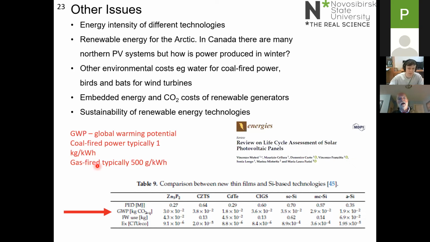Gas-fired electricity is typically about half of that. It's about 500 grams per kilowatt hour. If we look at solar photovoltaics, then it's of the order of 3 grams. So here we're looking at the global warming potential of a number of different PV technologies.